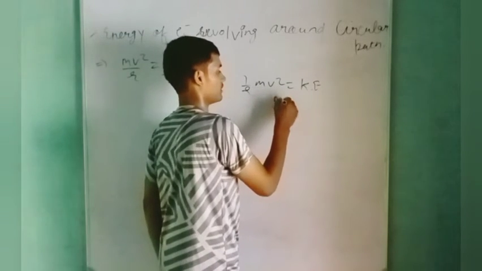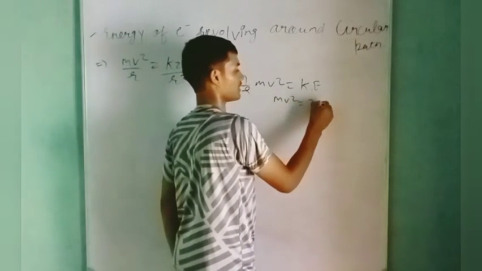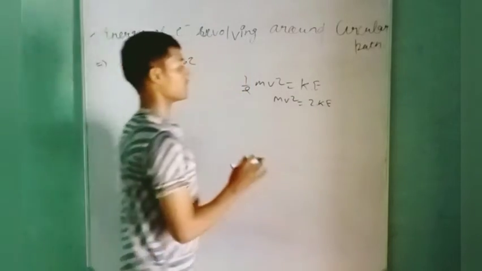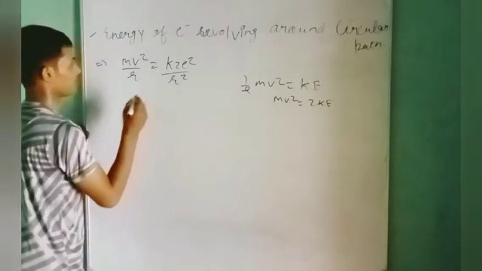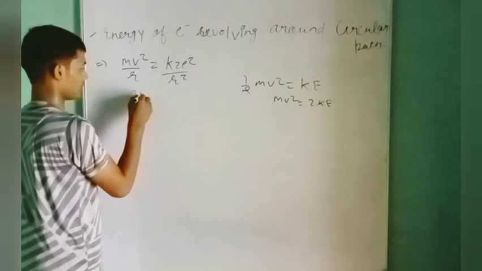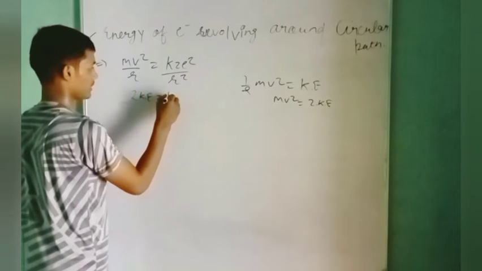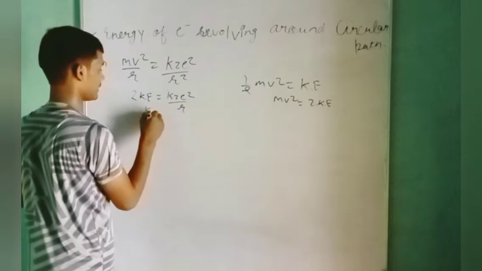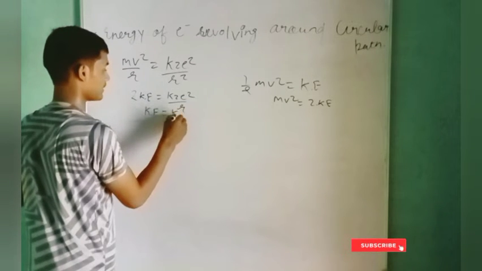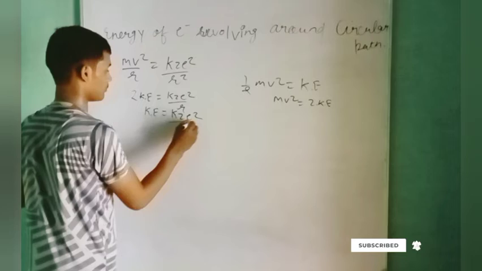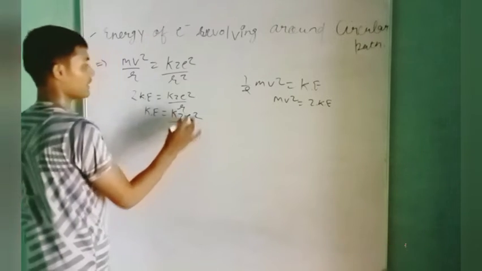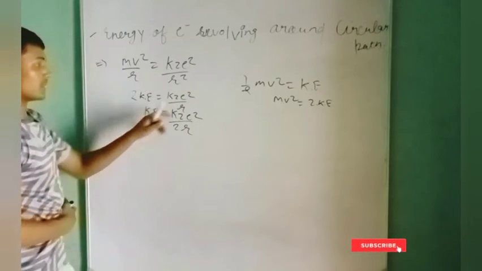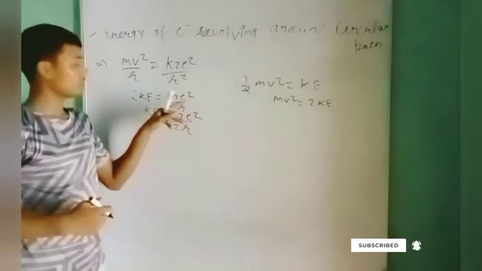Then mv square is equal to 2K. So here we take mv square, so 2K is equal to kZe square upon r. And what is the value of kinetic energy? It is equal to kZe square upon 2r.